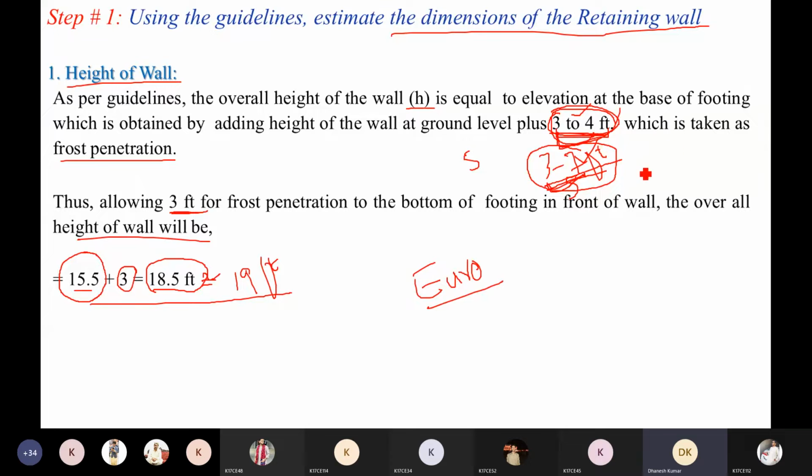That is why, if we are talking about soil, let me tell you something about the world's tallest building, your Burj Khalifa. Burj Khalifa is a very tall building, so at the very first stage they decided to go for a pile foundation.